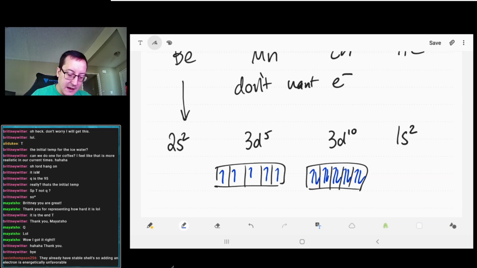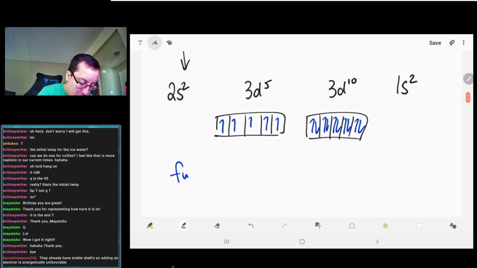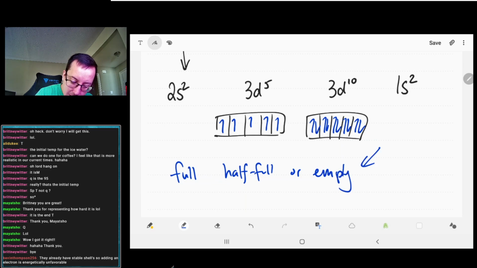So we like to have things that are full, half full, or empty. These are happy times. And so we're going to see that messing with one of these 3 states is not a good thing.